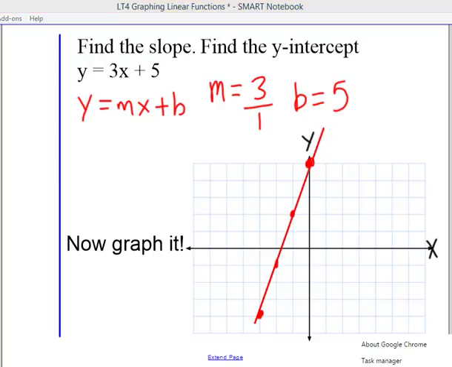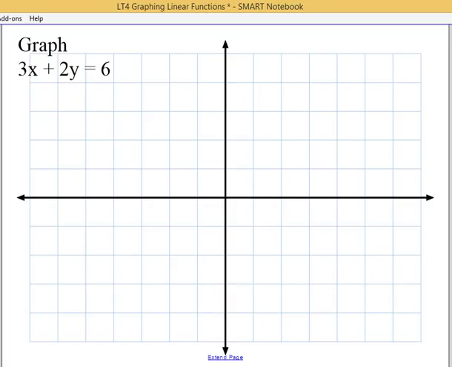So, being able to pick out the slope and the y-intercept makes graphing pretty quick. I am going to show you one last way to approach graphing linear functions. Not all linear functions are written with the y equals. Now, you could try to force this into saying y equals, but here's another option.